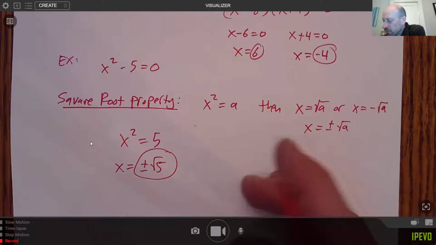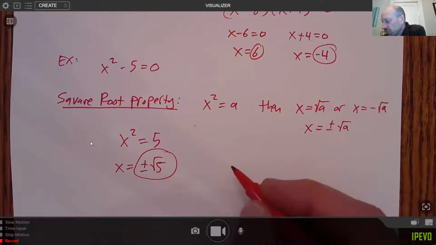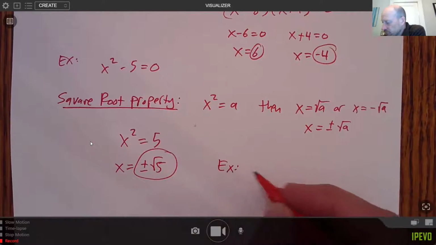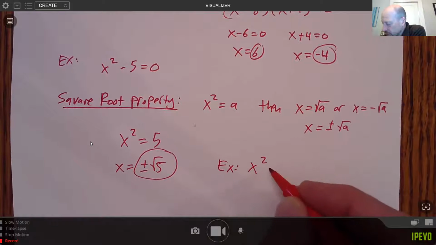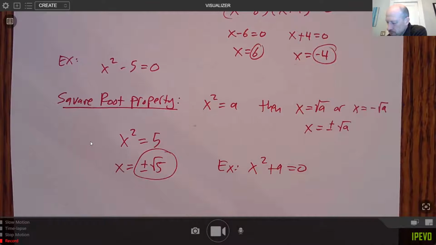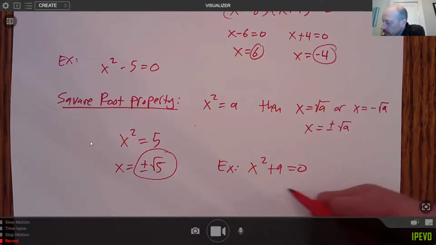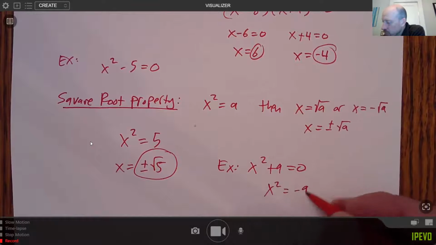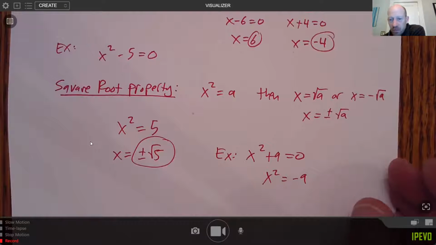This also works for other types of things, like x squared plus 9 equals 0. That also can be turned into one that fits the square root property.